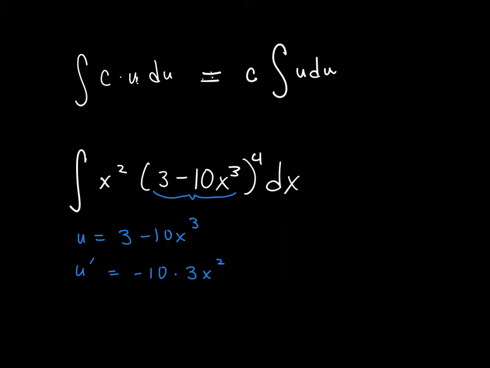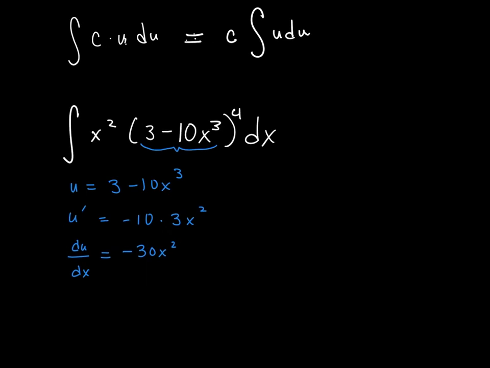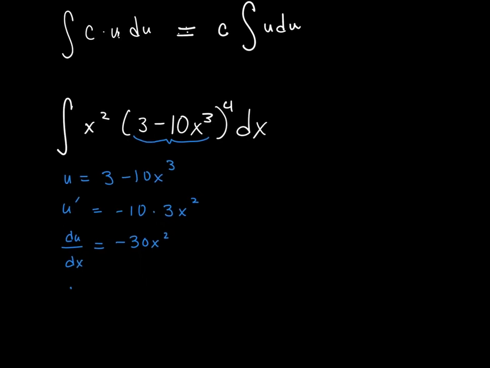Instead of writing it as u prime, I'm going to write it as du over dx. Those two things mean the same. So that is equal to negative 30x squared. And then we need to solve for du. So du is equal to negative 30x squared dx.